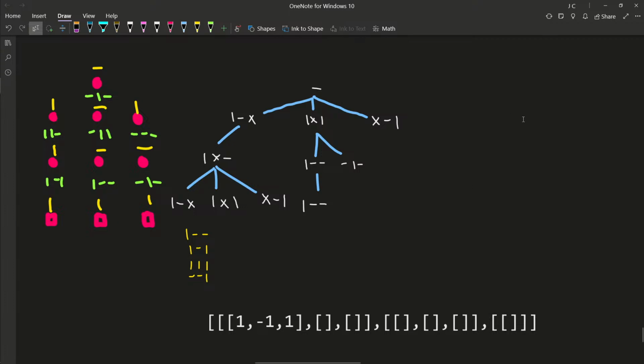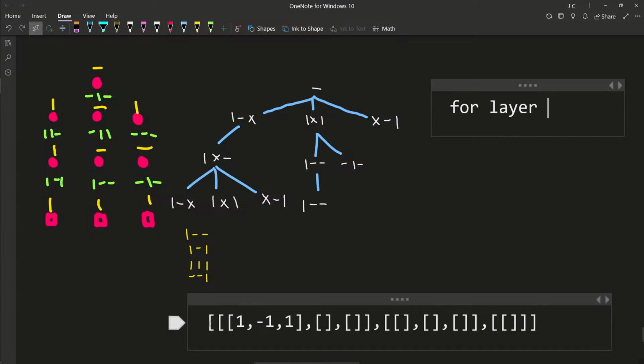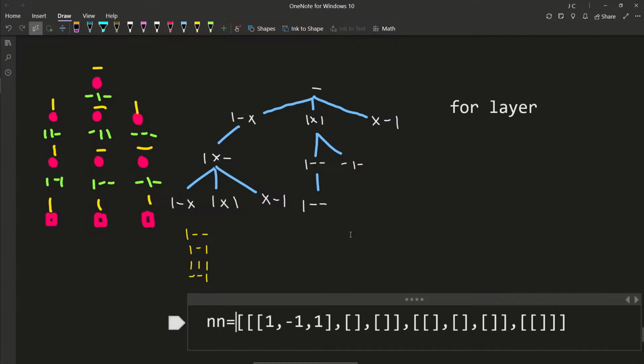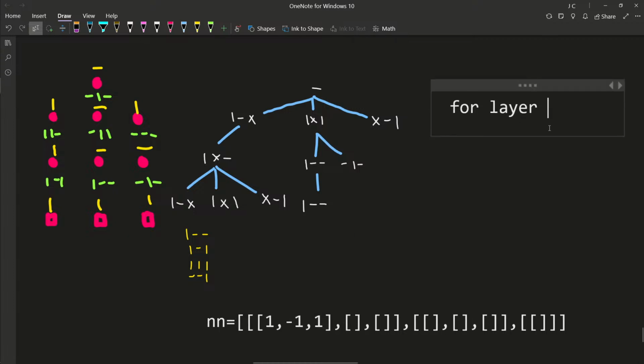Okay, so it seems like you want to do something like a for loop over the layers, going backwards. So if we call this neural net, you just go backwards.